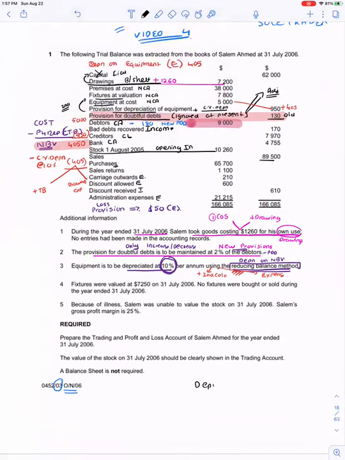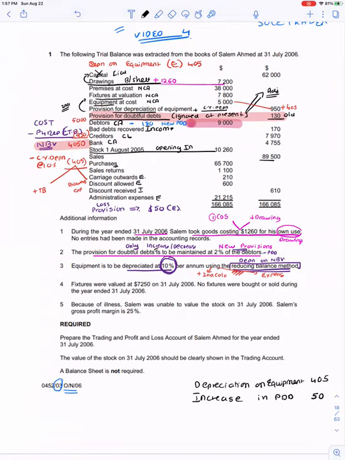Depreciation on equipment, 405, that I got from adjustment. Second thing that I got from adjustment was the increase in provision for doubtful debts, which was 50. So these are the things that I got from the adjustment.